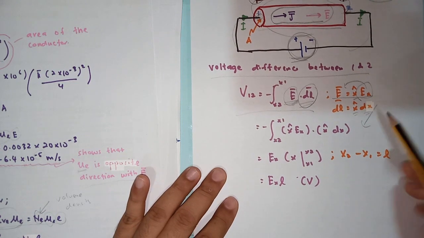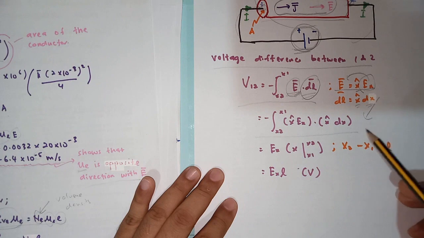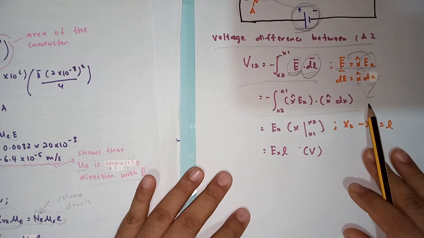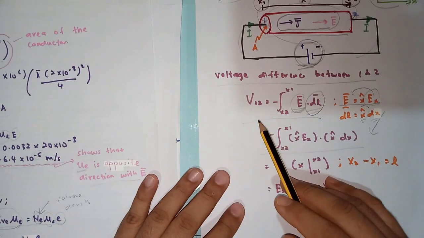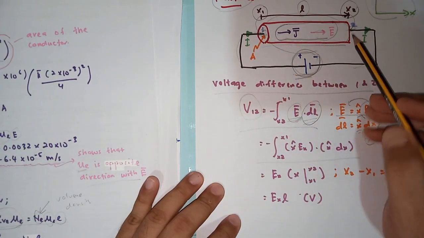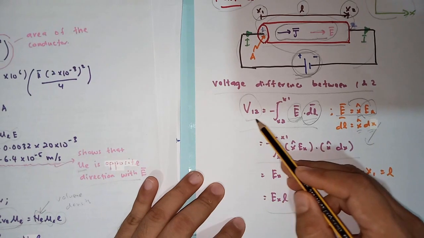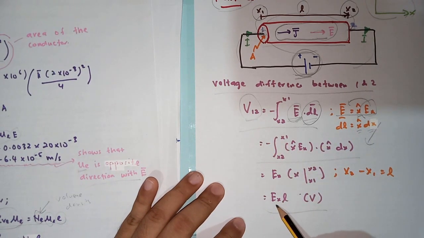When we put all this together and solve this expression, the potential difference from point 1 to point 2 is V12 equal to Ex multiplied by L, and the unit for this expression is volt.